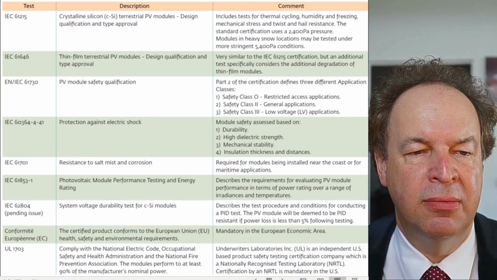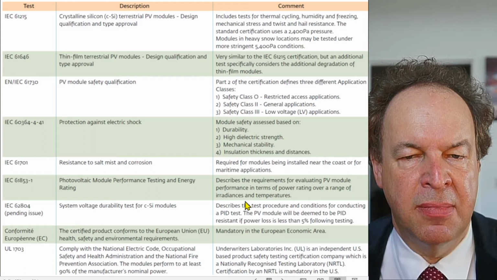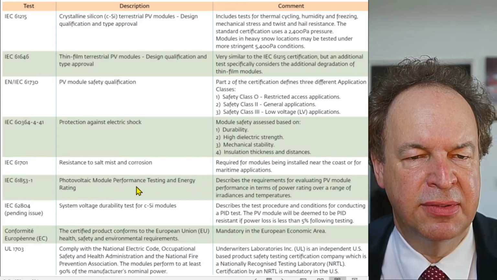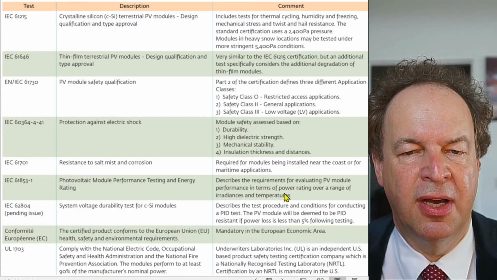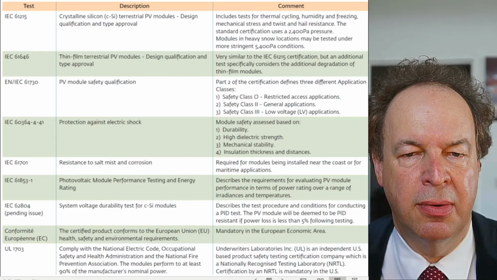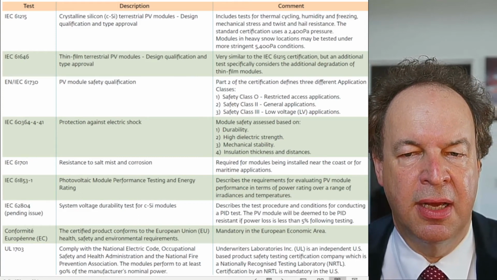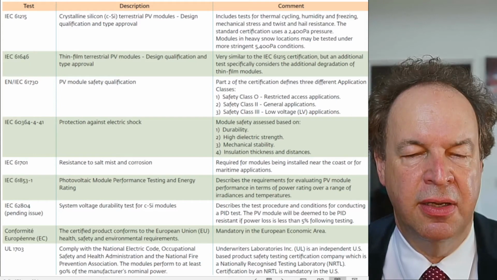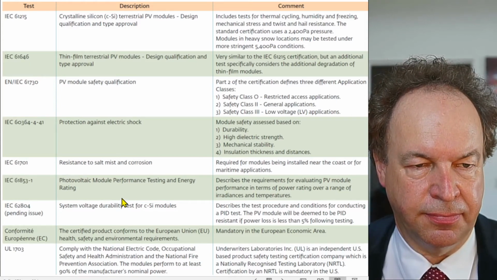That's a PV module performance testing and energy rating. This has been in development for a long time, but you have some hints if you have, for example, temperature or different irradiance levels, for example, weak light performance and so on. This is all included there.